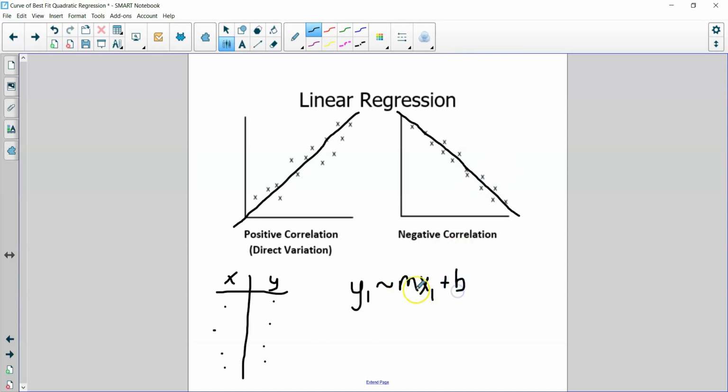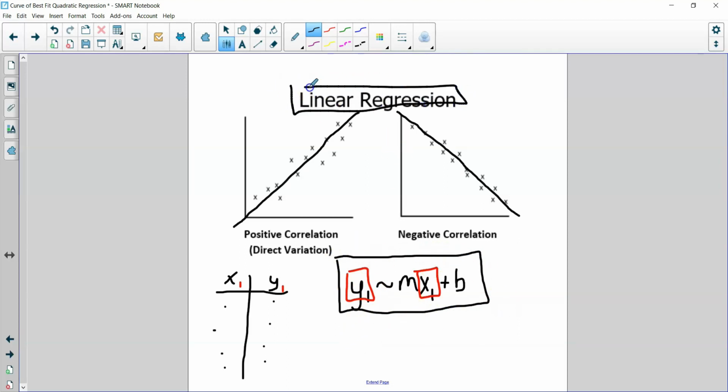Remember, your y1 and your x1 corresponded with what was in your chart, because these had ones next to them, and we had to make sure that this was always a 1 and this was always a 1. In general, the form of the equation for a line is always y equals mx plus b. Because this is our linear equation, this is how we were able to find what was called a line of best fit, or linear regression.